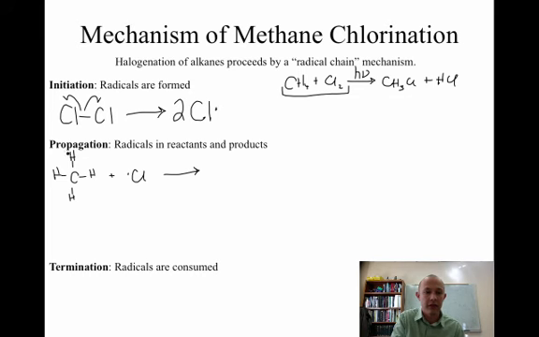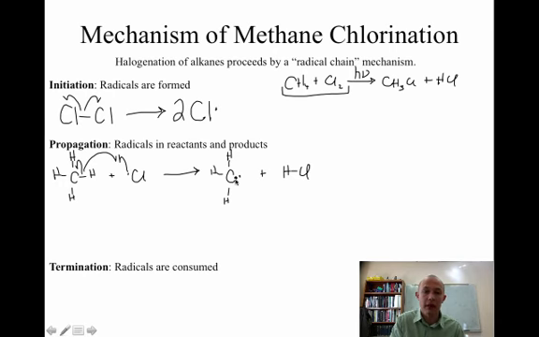So what it does is it takes an electron away from any one of these CH bonds to form a new HCl bond, and then this bond becomes an unpaired electron on carbon. So we get a methyl radical plus our first product, which is HCl.